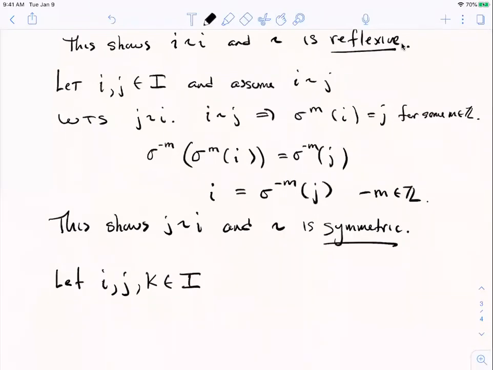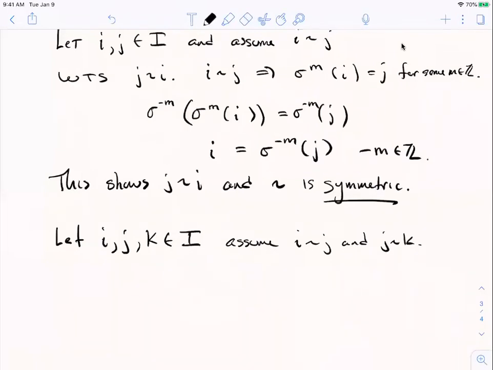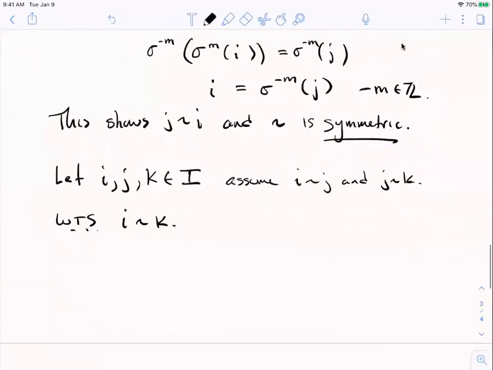And let's assume that i is related to j and that j is related to k. Okay? Well, let's write down what that means. First, we want to show, keep the style of the proof consistent, I want to show that i is related to k. That's my goal for transitivity. Well, let's write down what we've got.